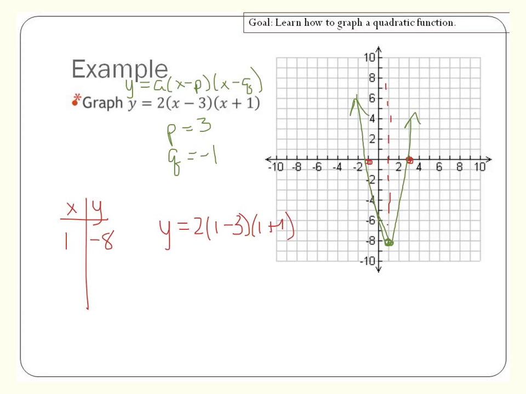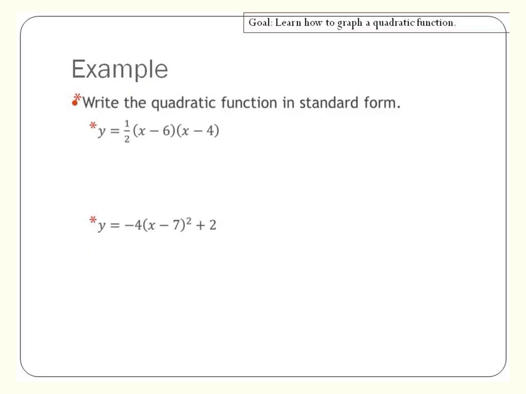Okay, one more example. So this one we want to write these in standard form. If you notice, the first one is coming to us in intercept form, and I want to write it in standard form, which is y equals ax squared plus bx plus c, if you've already forgotten. So to do that, I would probably first FOIL.